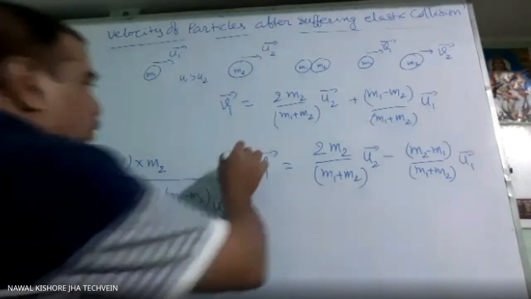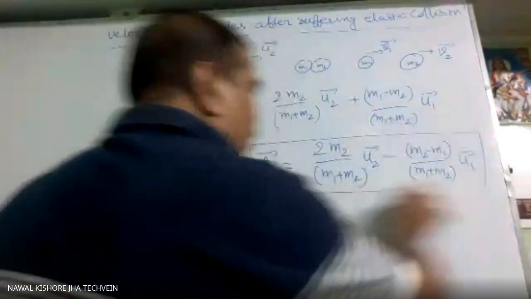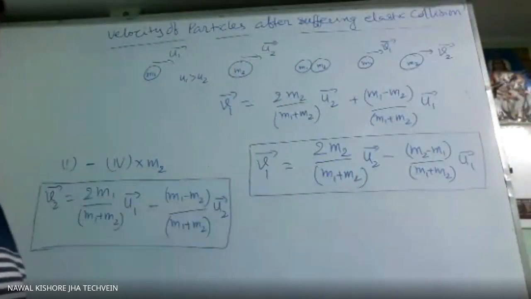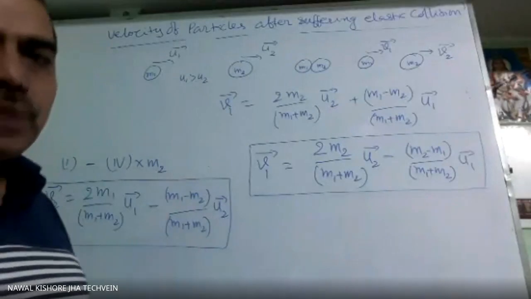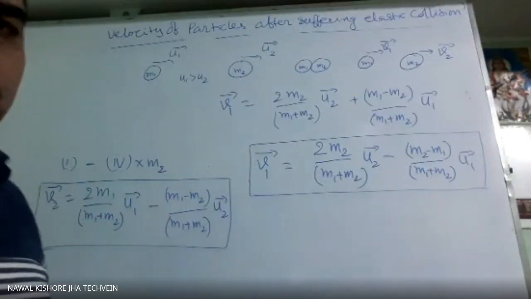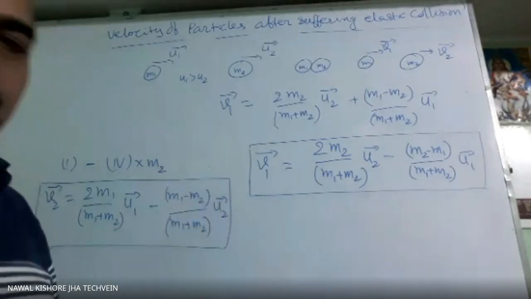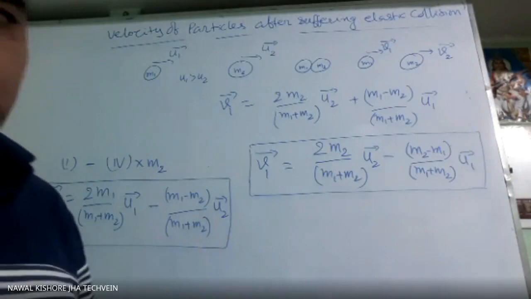So we will not learn this formula. Simply, if derivation is asked, then only we will derive. To solve the numerical, we will not use this formula, as it is very difficult to learn, or some mistake may happen. So while solving the numerical, we will use only two things.